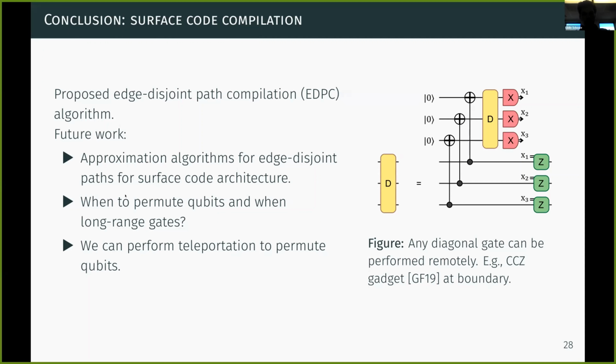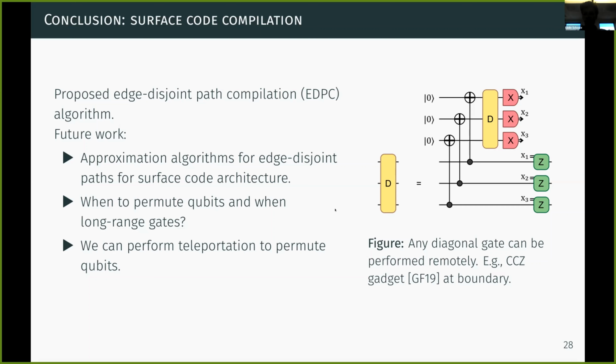So there's a trade-off between when we want to perform long-range gates and when we might prefer to permute our qubits first, and then perform the gates locally, which might help us in the long run if we have some sequence of gates that are all clustered in some sense. And in fact, if we have measurement and feedback, we can perform long-range teleportation to permute these qubits. So you exactly fit into this LOCC routing framework.